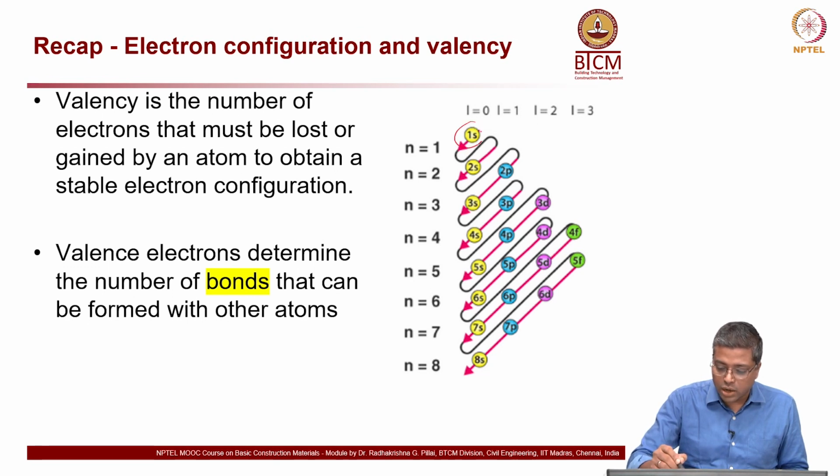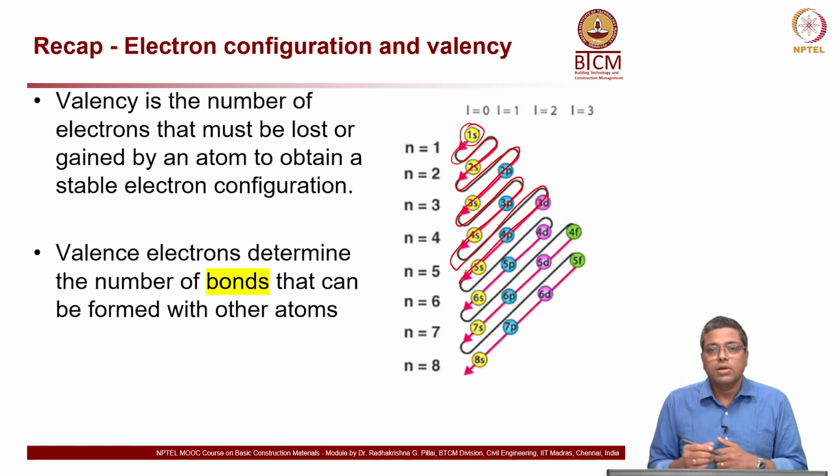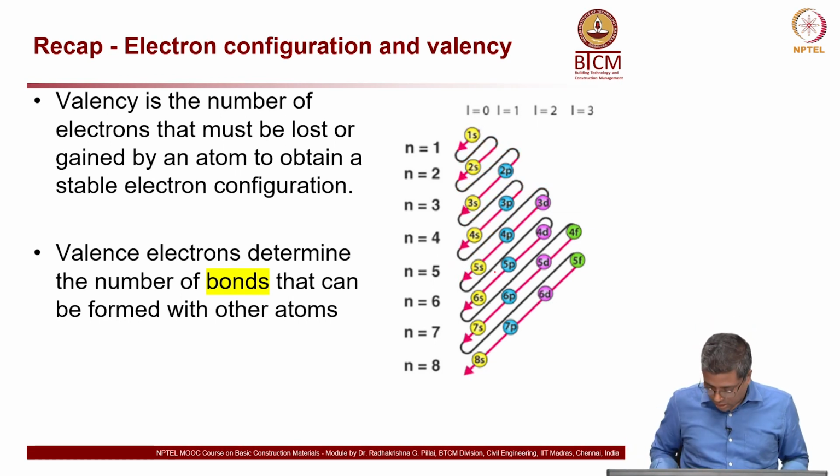First is 1s, then 2s, then 3s, then 2p, 3s. I think I mistakenly told that. First 1s. So, you just follow this line: 1s, 2s and 2p, 3s and then 3p, 4s and then 3d, 4p, 5s, like this. You start filling the electrons around the nucleus.